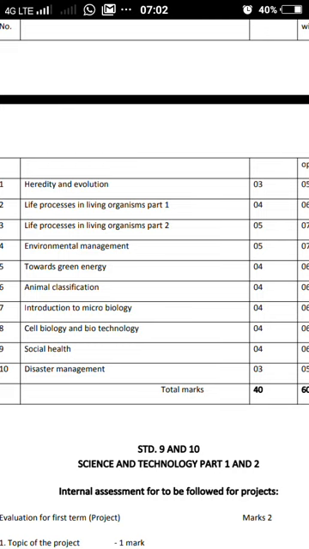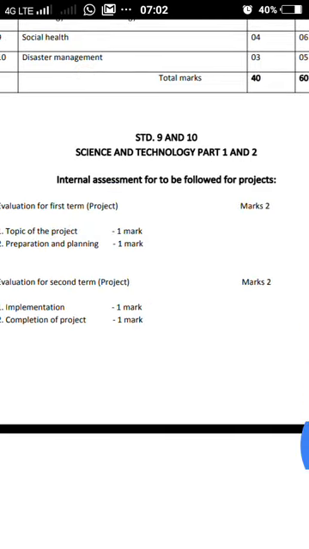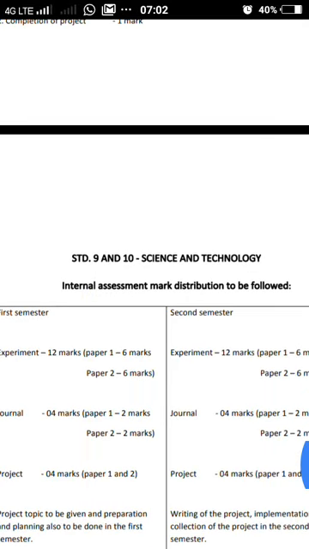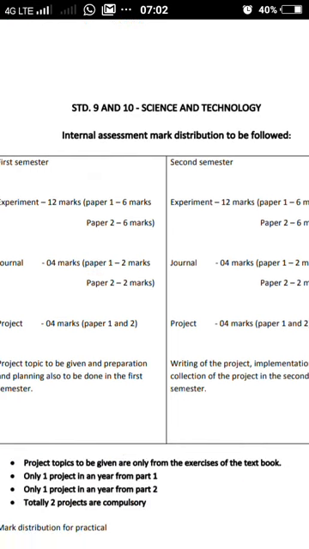Now 20 marks practical will be there, and in this practical 10 marks for science 1 and 10 marks for science 2. Here also for science 1 you will have to perform one experiment, and for science 2 you will have to perform one experiment. Like this 2 experiments you will have to perform, each carrying 6 marks.